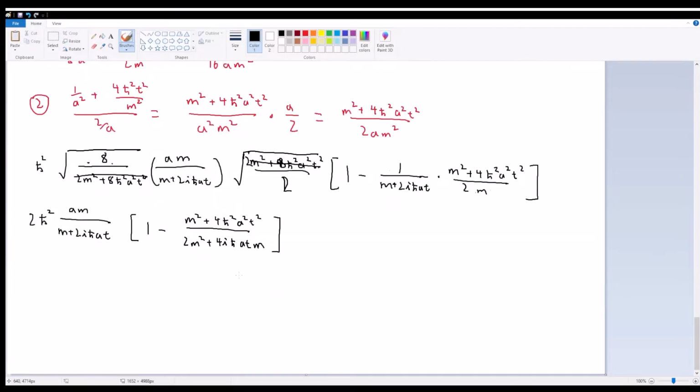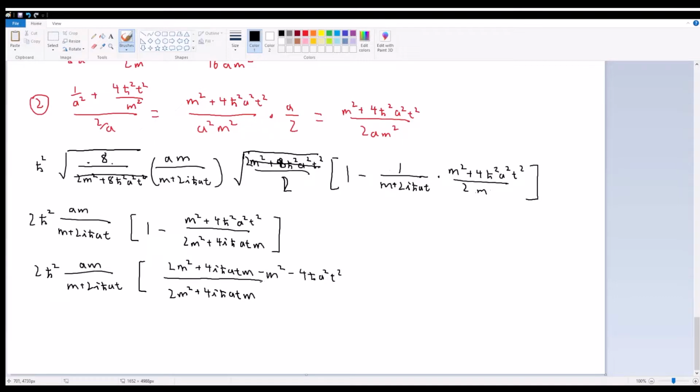So if we combine these, this is going to give us 2h bar squared times am over m plus 2i h bar at multiplied by, let's see, 2m squared plus 4i h bar atm, and then 2m squared plus 4i h bar atm minus m squared minus 4h bar a squared t squared. And then what? We can cancel out, let's see.